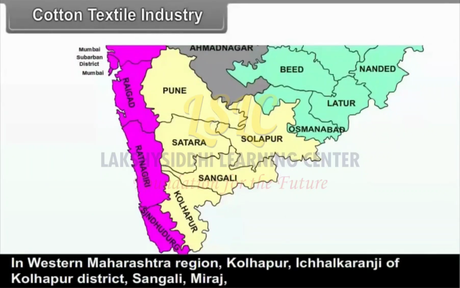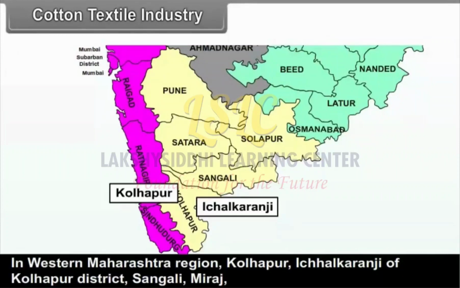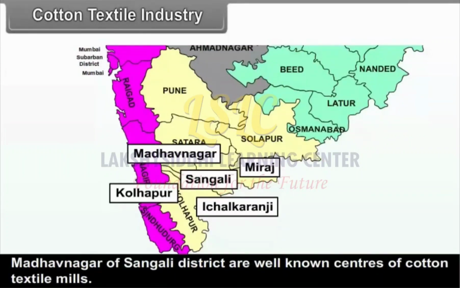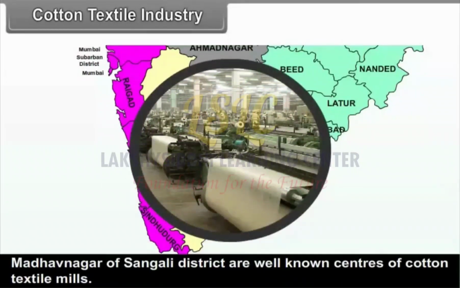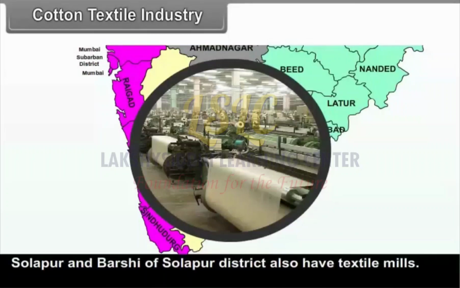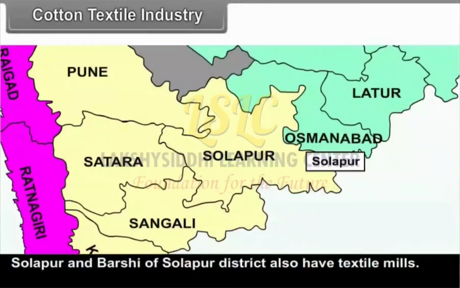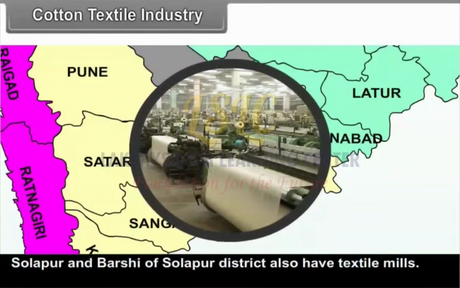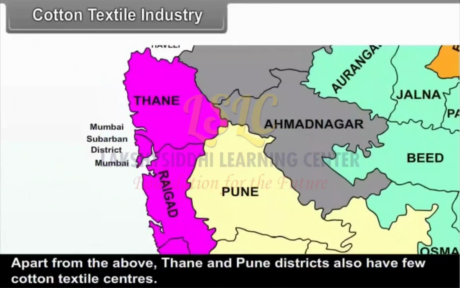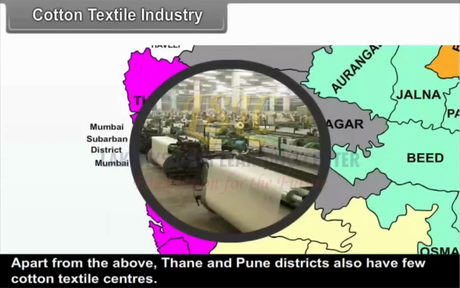In western Maharashtra region, Kolhapur, Ichalkaranji of Kolhapur district, Sangli, Miraj, Madhavnagar of Sangli district are well-known centers of cotton textile mills. Solapur and Barshi of Solapur district also have cotton textile mills. Apart from the above, Thane and Pune districts also have a few cotton textile centers.